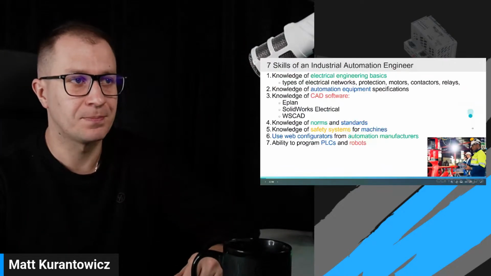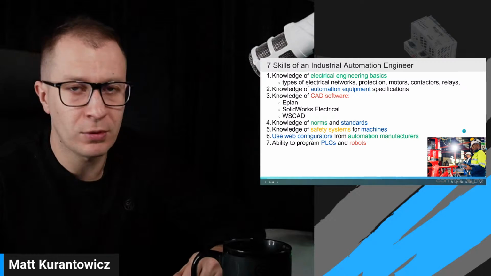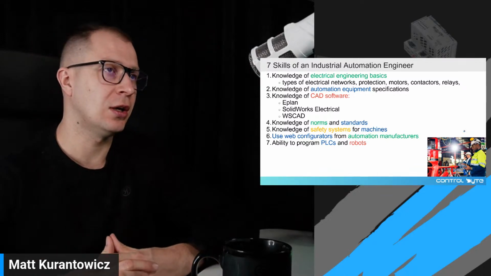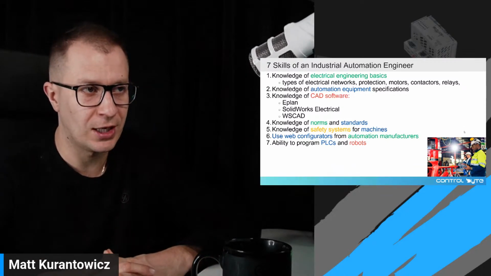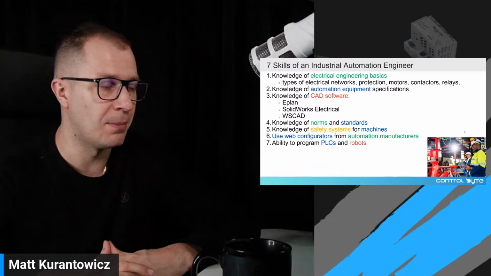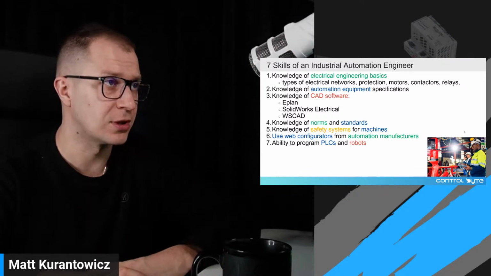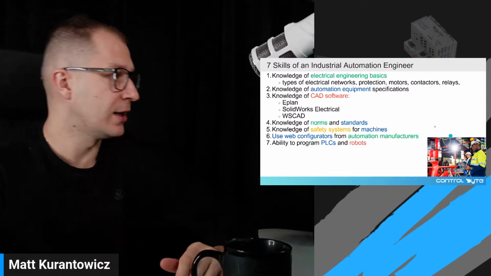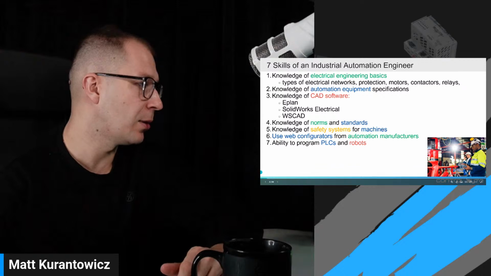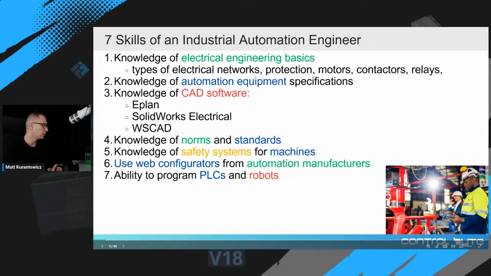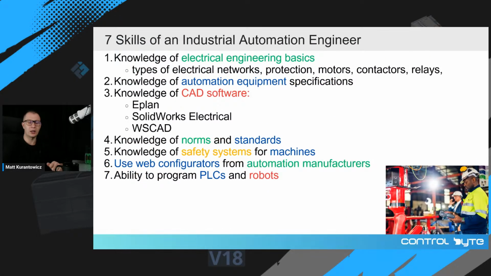Let's get started. Okay, so if you want to be an industrial automation engineer, you should have a lot of skills, and here I listed some skills. The first one is knowledge about electrical engineering.